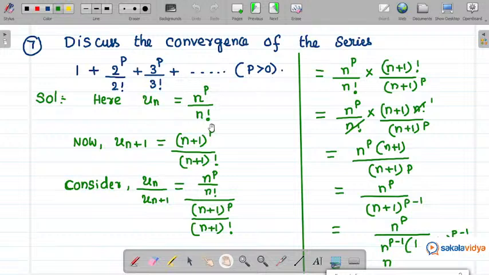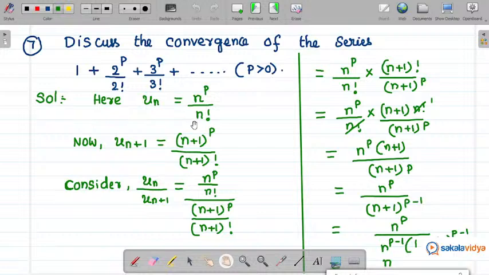Now, it is not a geometric series, it is not 1 by n to the power of p, and it is not in the form of f of n by g of n, as it consists of n factorial. When it involves n factorial terms, we need to apply D'Alembert's ratio test.